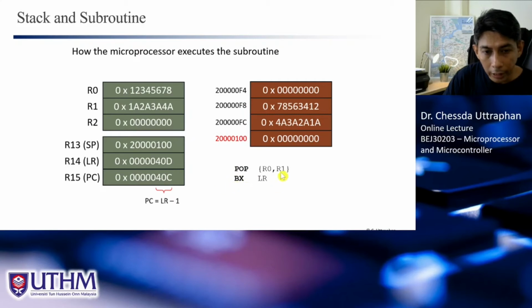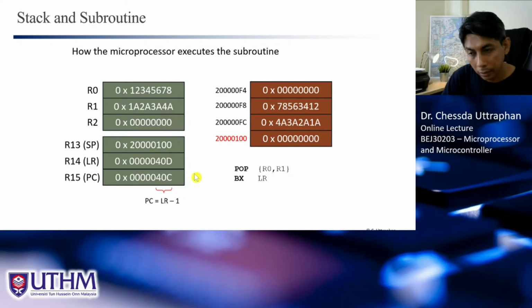And when we execute the BX LR instruction, the value of this minus 1 is loaded back into the PC, 40C, such that we can get back to the instruction after we call the subroutine. All right.